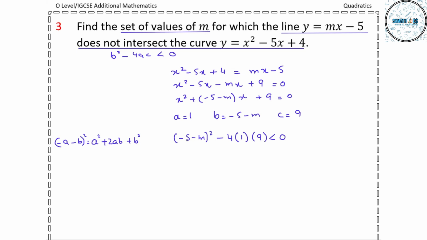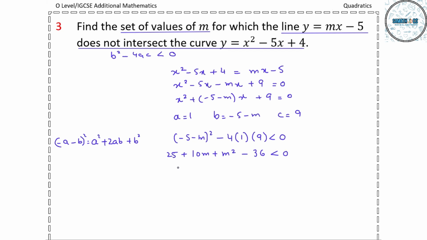So when we take square of 5, it will be 25. Then plus 5 into 2 into m, plus 10m. And then m square, so it is plus m square. Minus 36 is less than 0.